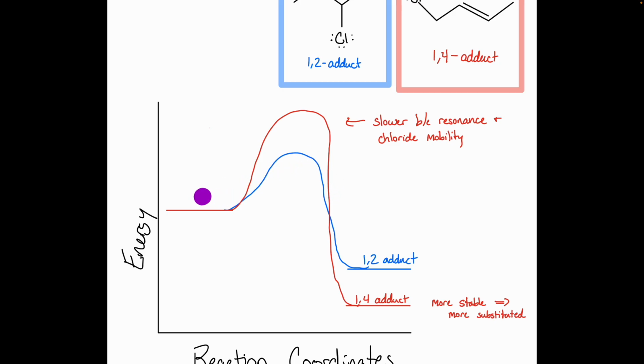It can only muster jumping over that small barrier there. Once it does, it's stuck. There's definitely no way that it's going to be able to jump back over that much larger barrier to go in the reverse direction. So our kinetic product is the one that forms fastest, and that will occur at low temperatures because our little marble doesn't have very much energy to jump over anything at all.